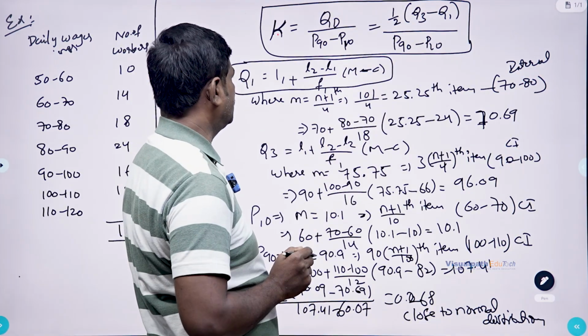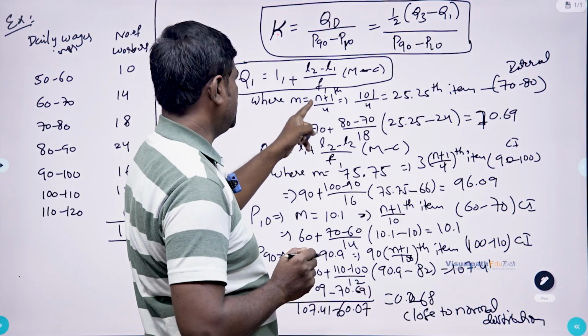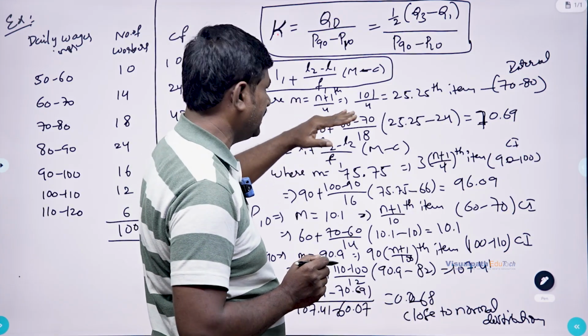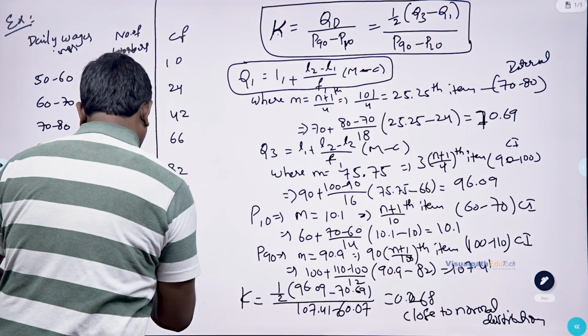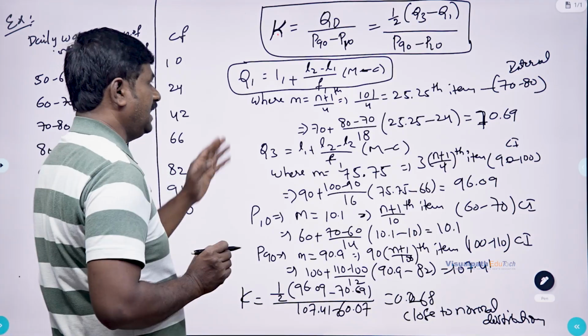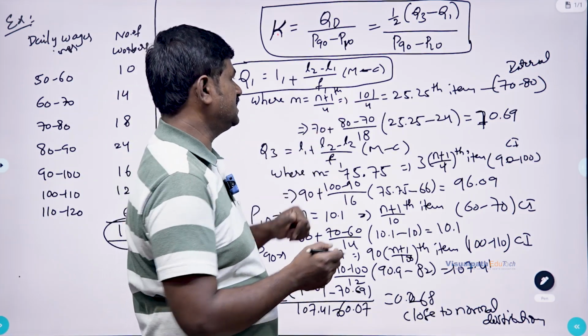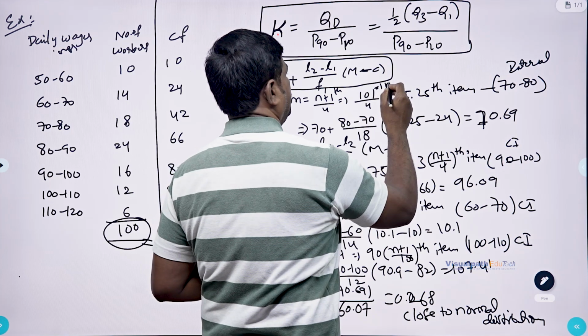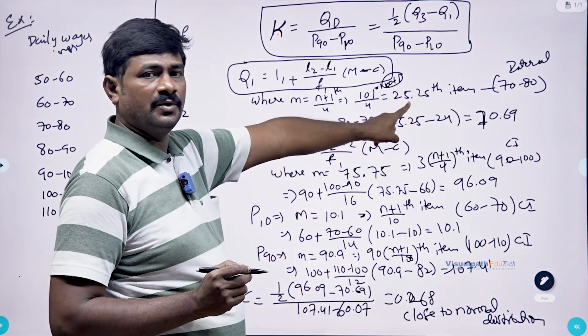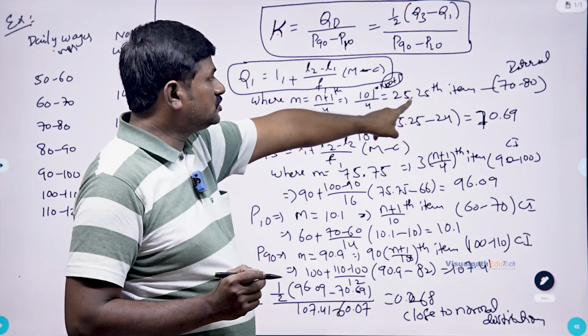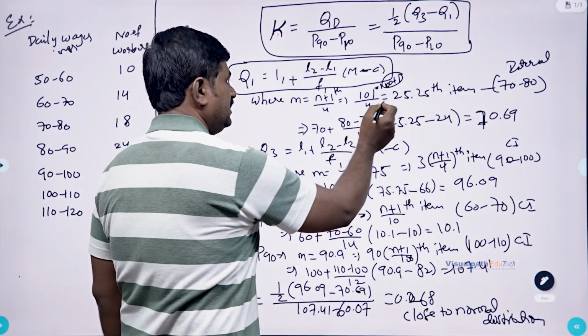First we get quartile 1, that is Q1, where we take the (N plus 1) by 4th item. We know that N is equal to 100, so N plus 1 is 100 plus 1, that is 101. 101 by 4 is 25.25, so the 25.25th item.